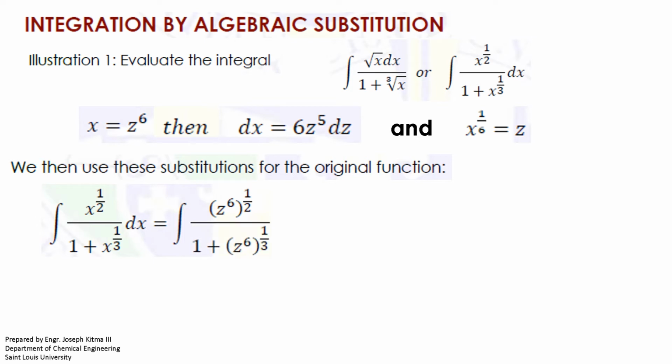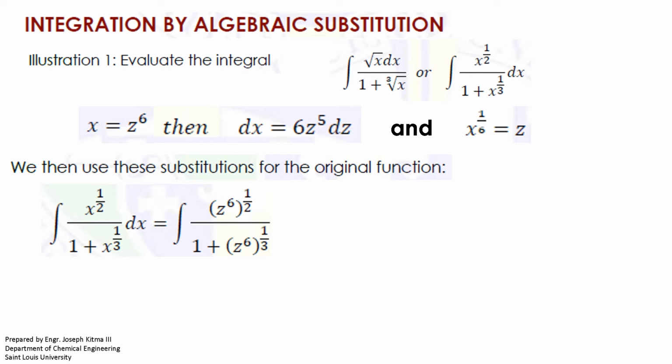For the denominator, since we have x raised to 1/3, and our x is equal to z raised to 6, we have to raise z raised to 6 also to 1/3.